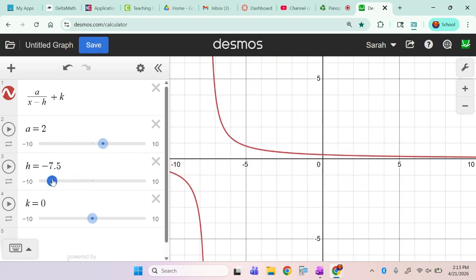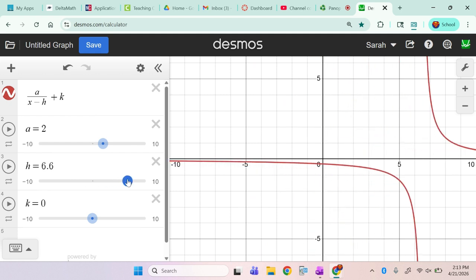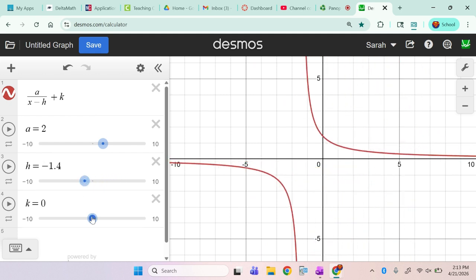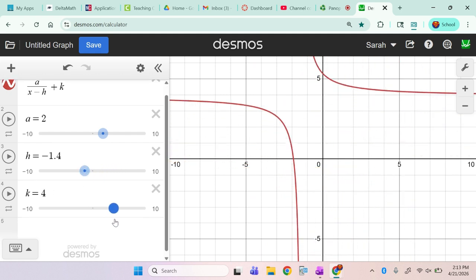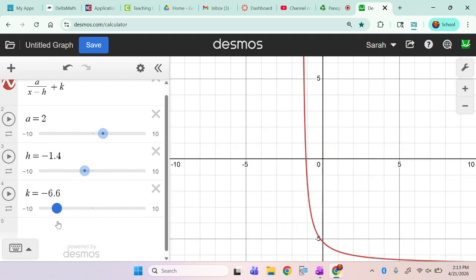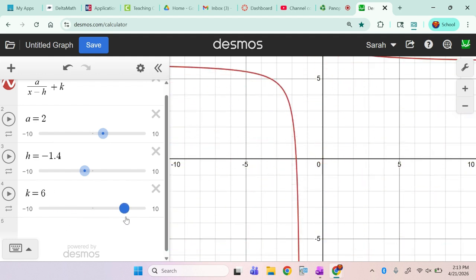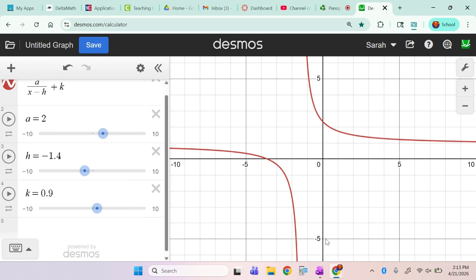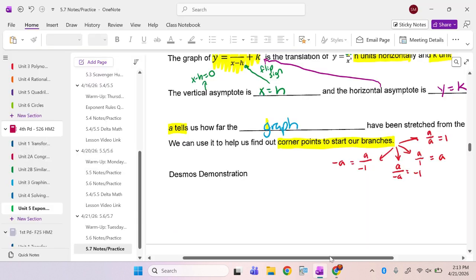See the vertical line? It's not moving. If I move k, the horizontal line shifts that it can't cross. Okay, so that's what it controls.